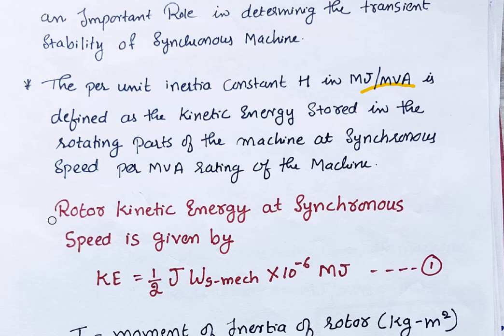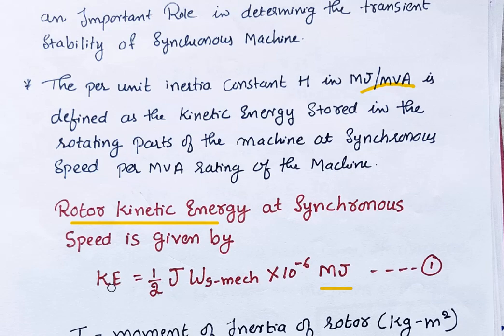Now the rotor kinetic energy at synchronous speed is given by K equals half J omega S, the synchronous mechanical speed squared, into 10 raised to minus 6, because I will express this in megajoules.